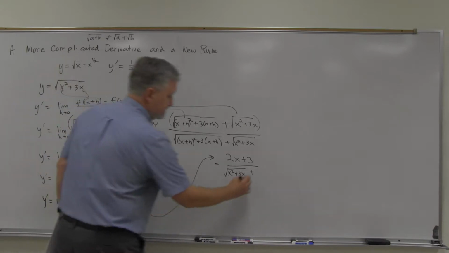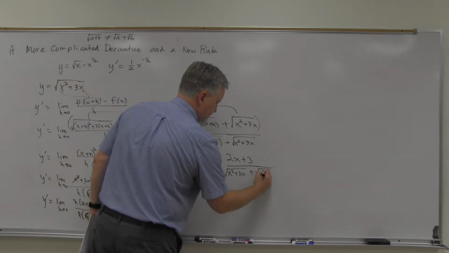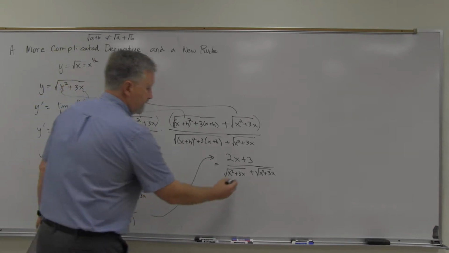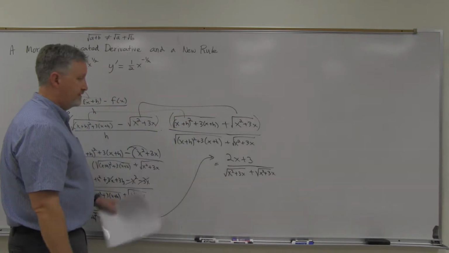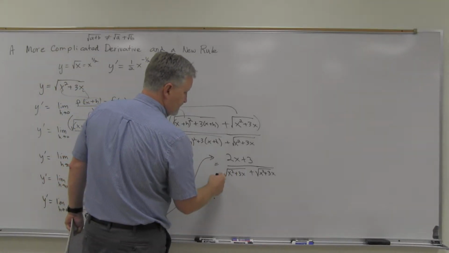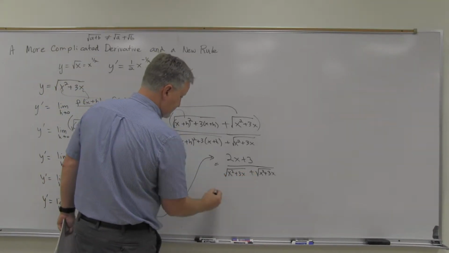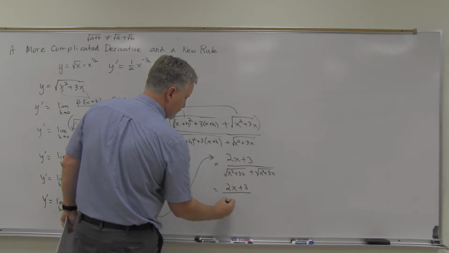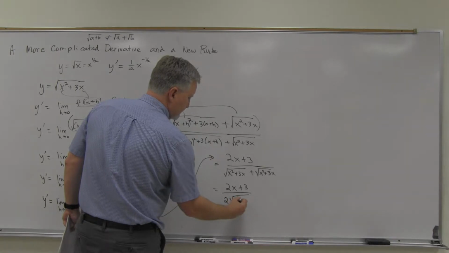That one doesn't have an h in it, so it's the square root of x squared plus 3x, but on the denominator there, those are like radicals, so I can add them. I got one of those plus another one of those, so there's 2 of those. So I got 2x plus 3 for line 8 over 2 times the square root of x squared plus 3x.